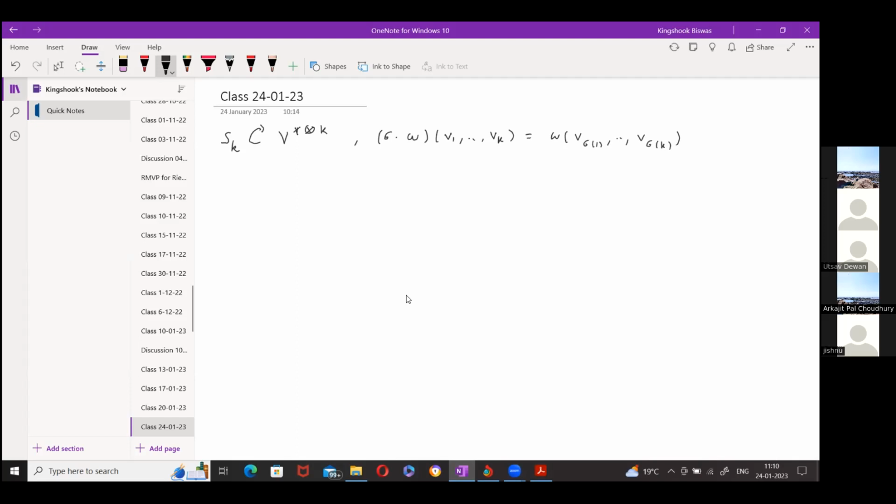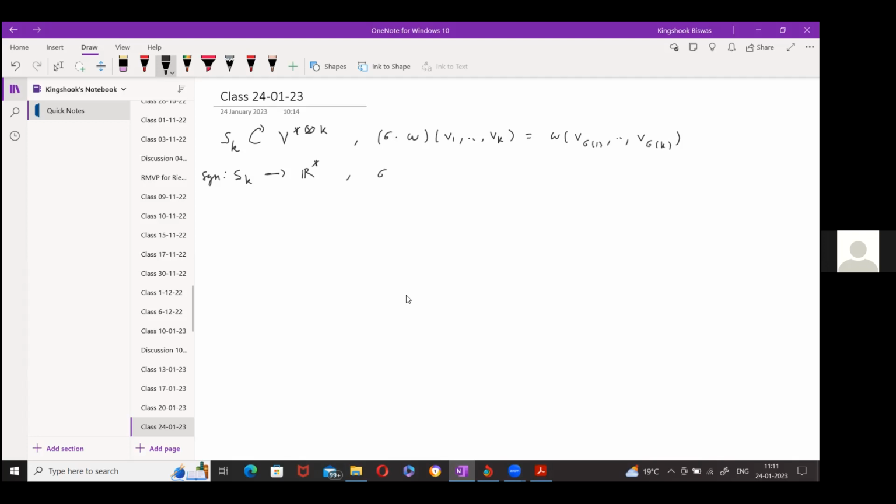But actually we have another action, because there are two homomorphisms from the symmetric group into the non-zero reals, right? One is the trivial homomorphism, and the other is the sign homomorphism. Using this homomorphism, we can twist this action and define a second action.